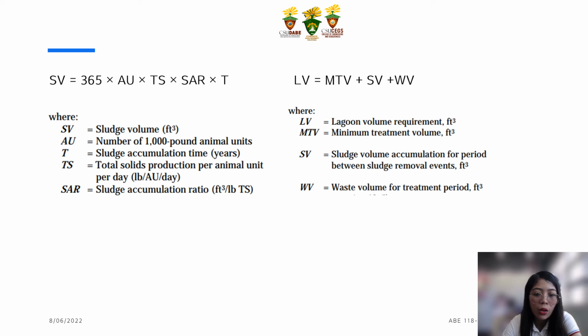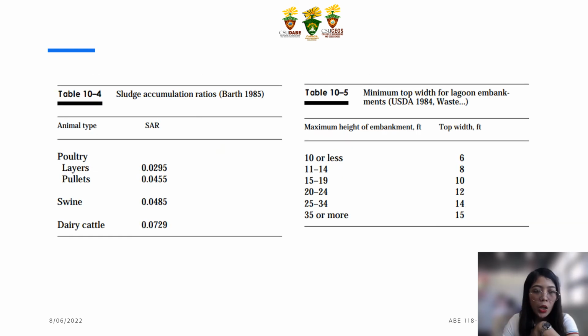So to get the lagoon volume requirement, we have equals to MTB plus SB plus WB.